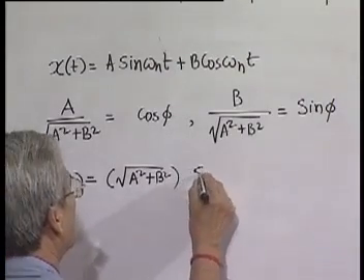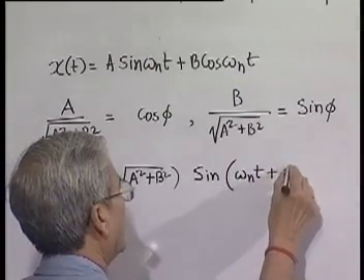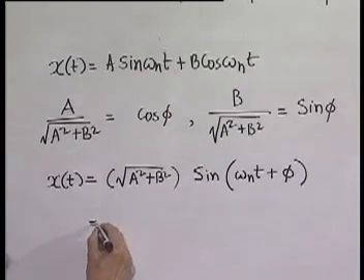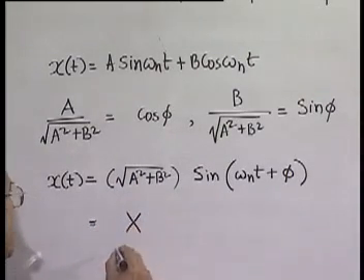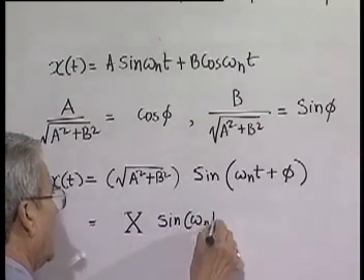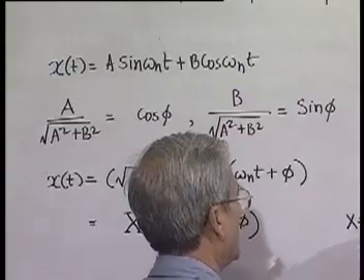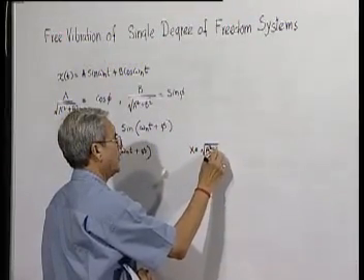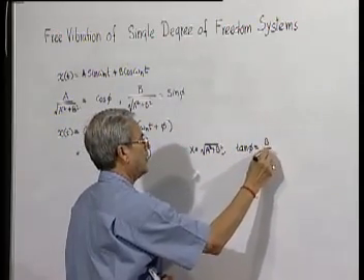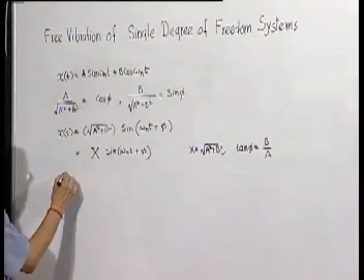So, therefore, it becomes sine... and we can write this quantity as one quantity, capital X. Here of course we know that X is nothing but... and tan phi. We could do it the other way also, all kinds of things are possible.